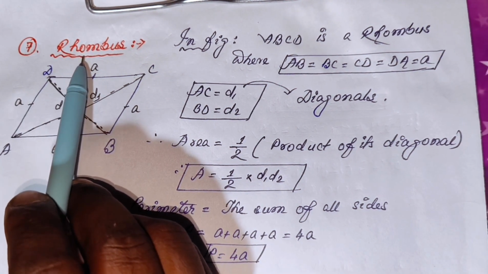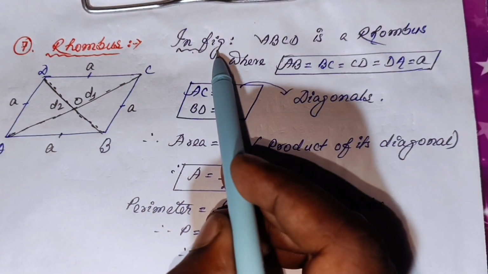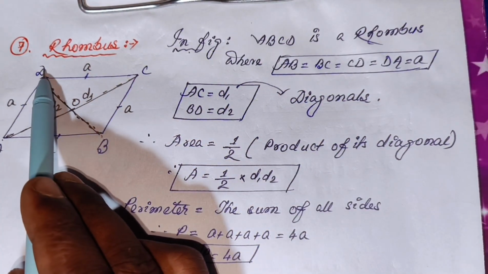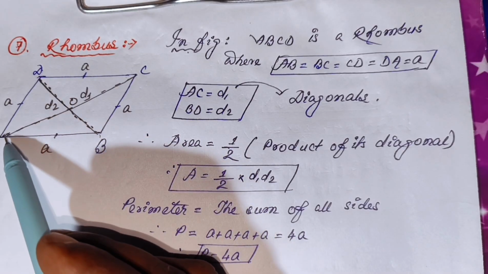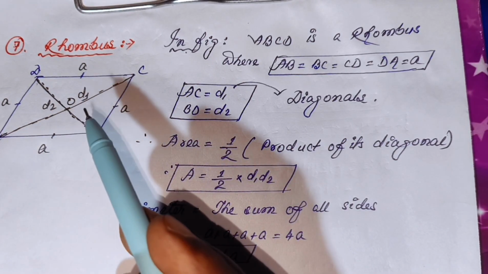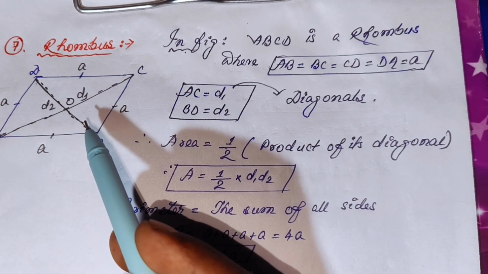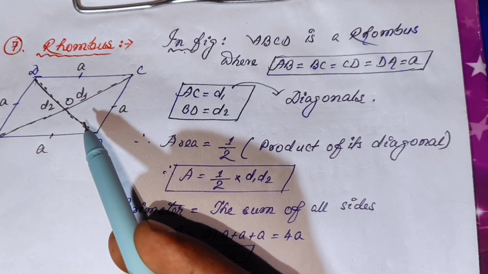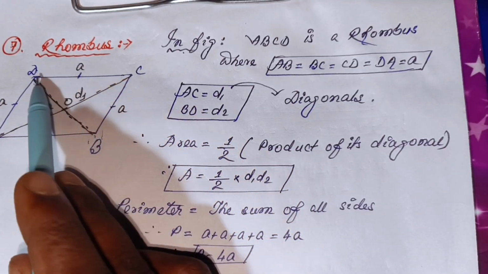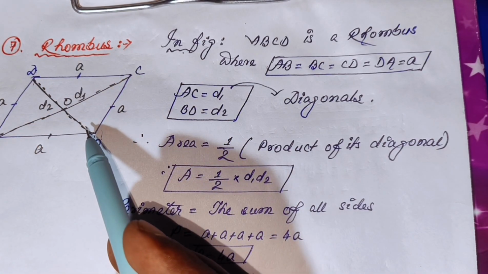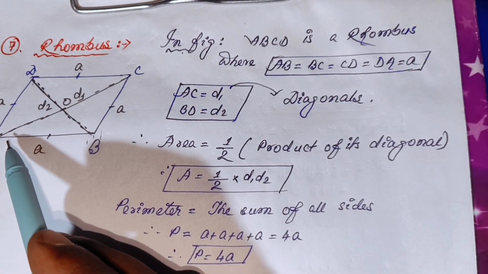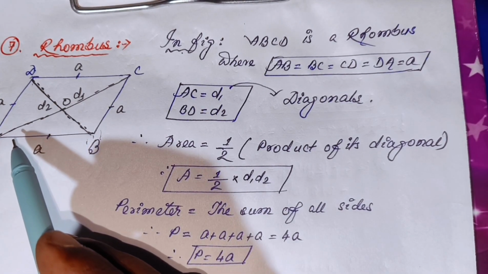Seventh, rhombus. In figure, ABCD is a rhombus. AC and BD are the diagonals. What is rhombus? A quadrilateral whose all four sides are equal and each angle is not equal to 90 degree is known as rhombus.